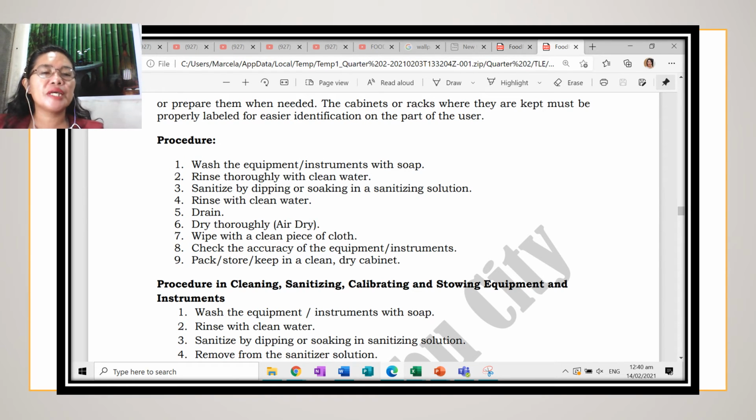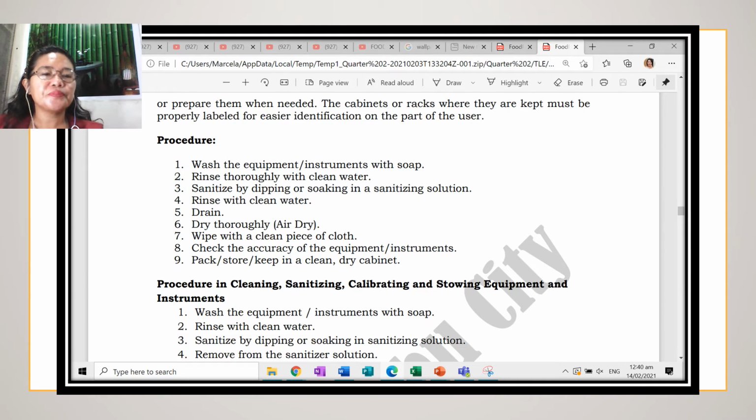Then dry thoroughly, air dry. Wipe with a clean piece of cloth. Then check the accuracy of the equipment or instrument. Then pack, store, and keep in a clean, dry cabinet.